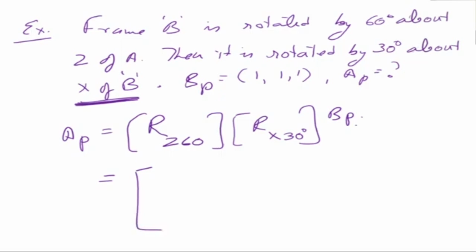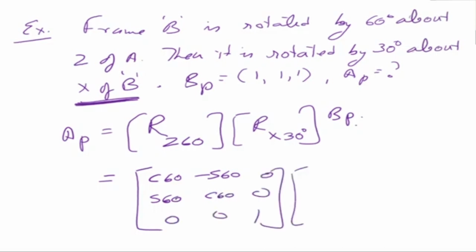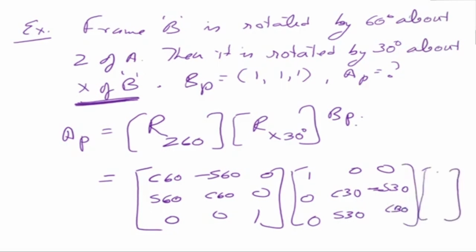This is going to become cos 60, minus sin 60, 0; sin 60, cos 60, 0; 0, 0, 1. Then this is a rotation about X, so it is 1, 0, 0; 0, cos 30, minus sin 30; 0, sin 30, cos 30. And this is my BP is equal to 1, 1, 1. So this is my AP.